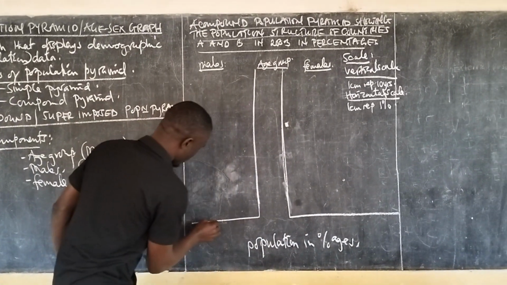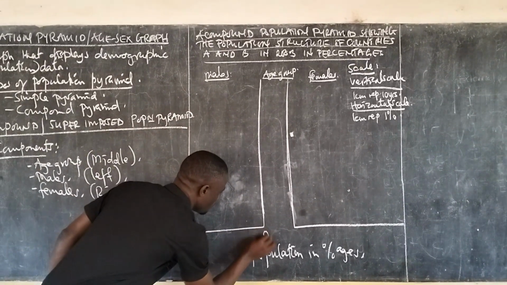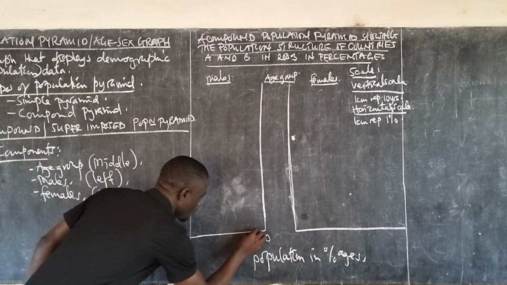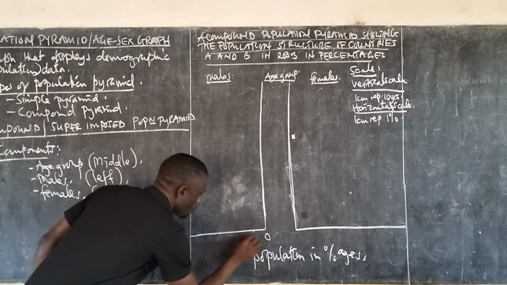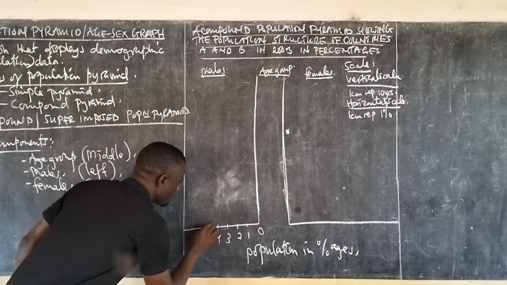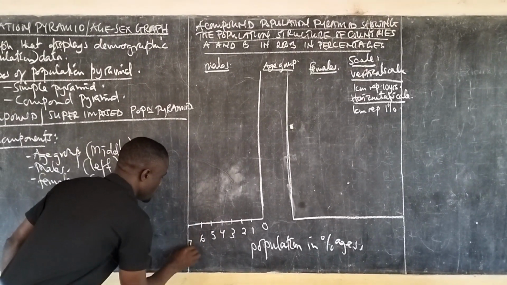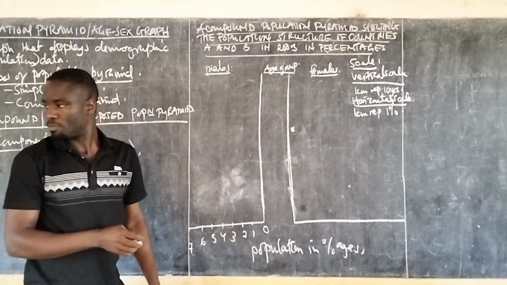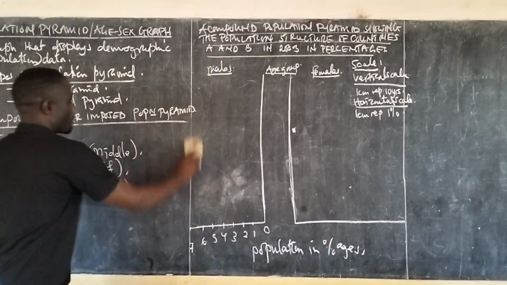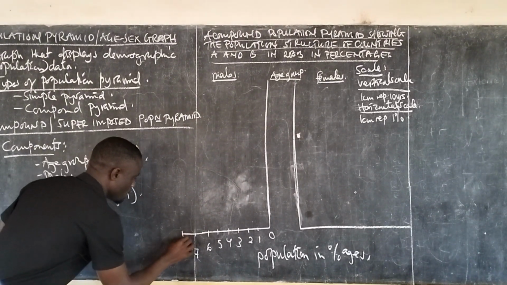So here, this side we said is for males, and we are going to have from 0. We are moving this side for males, that is 0, 1 centimeter. You can have 1, 2, 3, 4, 5, 6, 7, 8.